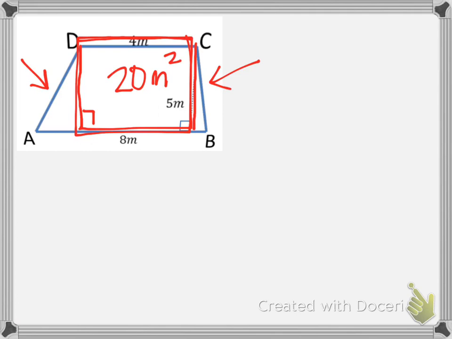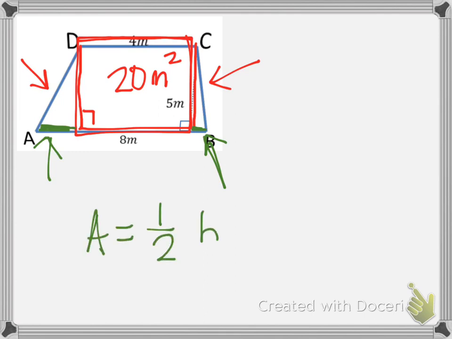It's 1/2 the base times the height. So I'm good, right? All I need is the base. I need that base, and I need this base. If I can get those, I can just do area of a triangle equals 1/2 of the base times the height, and I'm golden, right?